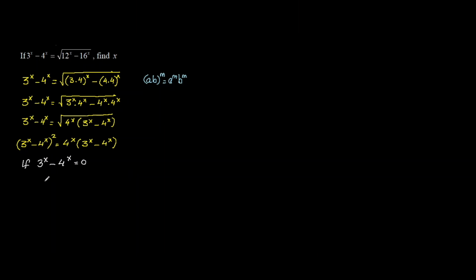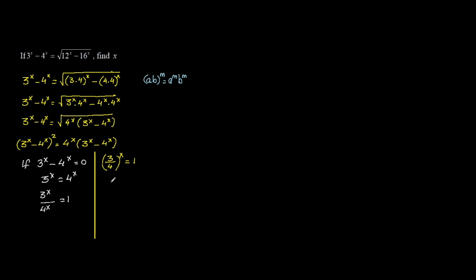So we get 3^x equals 4^x. Now we will divide both sides by 4^x. So we get (3^x)/(4^x) is equal to 1. Now using the basic rules of exponents, we know that a^x over b^x can be written as (a over b) whole raised to the power x, which is equal to 1.